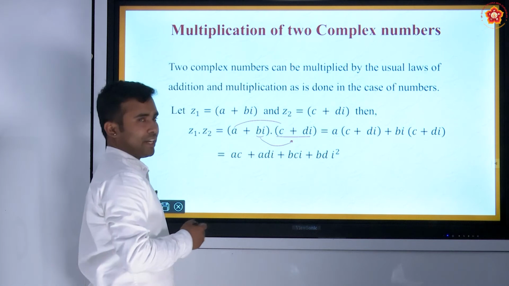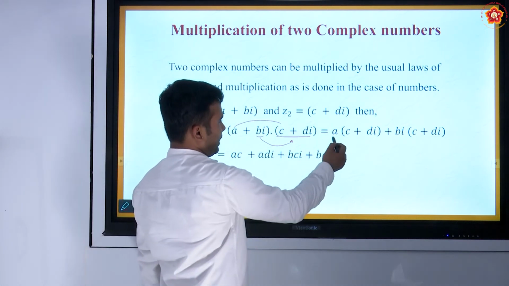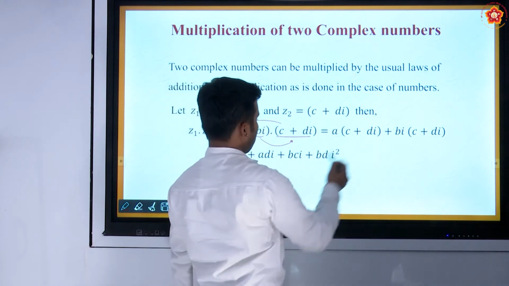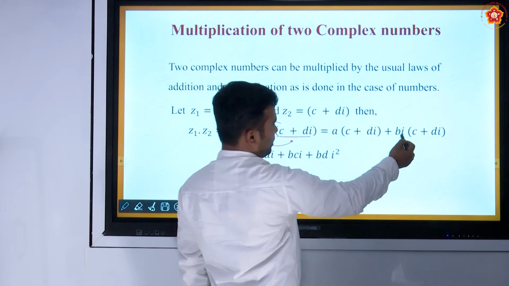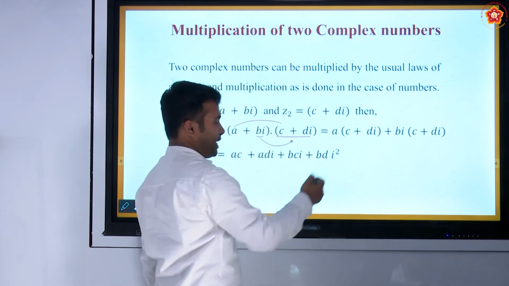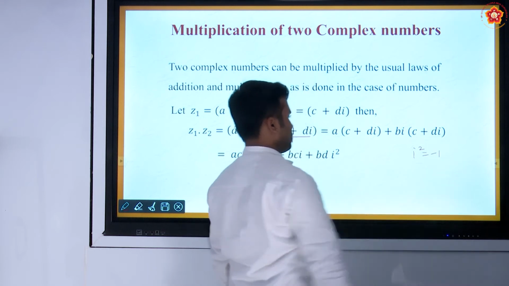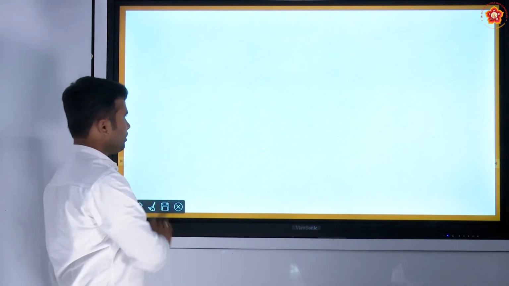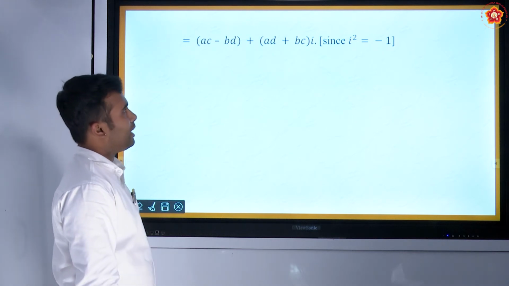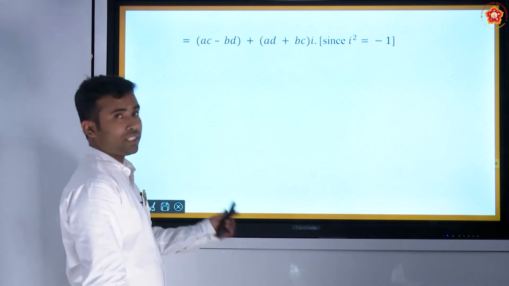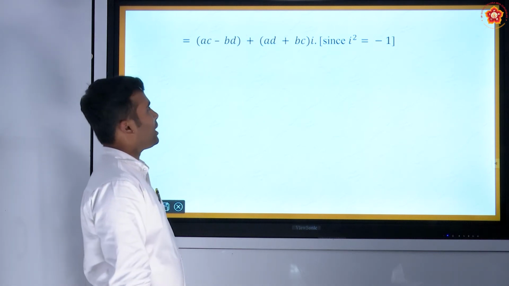Let us simplify this. a into c, and a into di, plus bi into c, that is bci, and this is bdi square. As you know, the value of i square is minus 1. So you can substitute the value of i square is minus 1 in the previous step, so you will get minus bd.